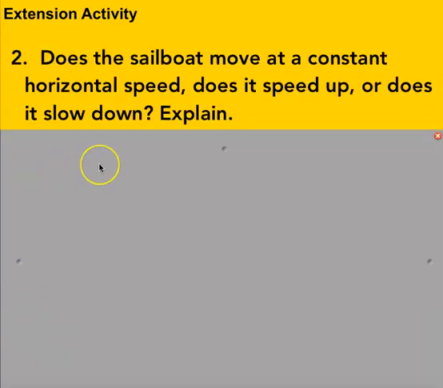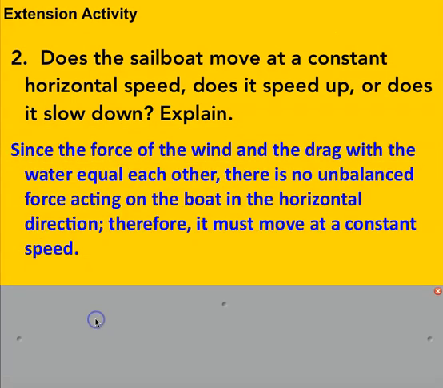How about question 2? Does the sailboat move at a constant horizontal speed? Does it speed up or does it slow down? Well, since the force of the wind and the drag with the water are equal to each other, there are no unbalanced forces. Therefore, it must move at a constant speed. So how'd you do with that question? That would be like a great test question.